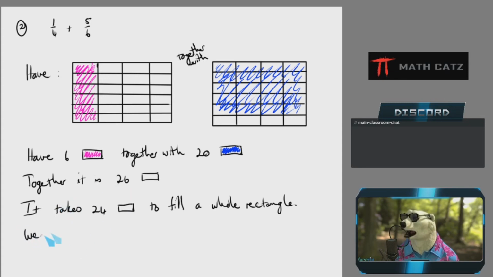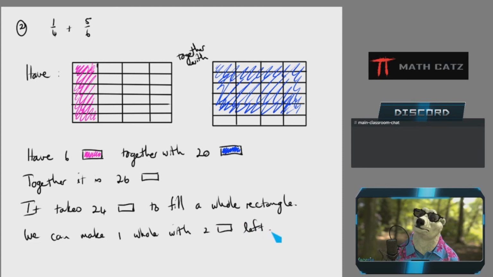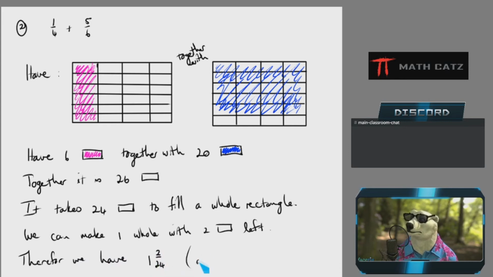So we can make one whole with 2 pieces left over. And therefore, we have 1 and 2 24ths of a whole.